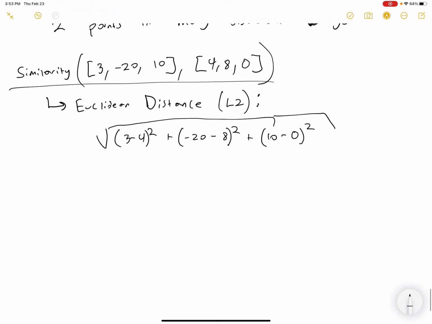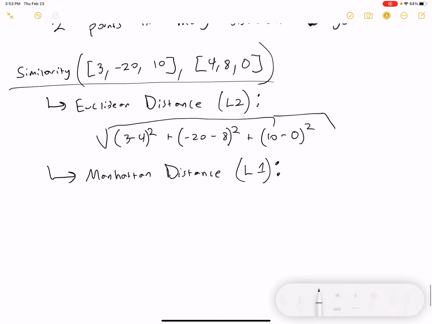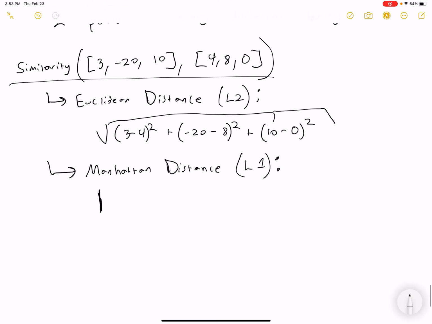There's that, but there's also something called the Manhattan distance, which is also sometimes called the L1 distance, and hopefully you're seeing similarities and convention between naming for L1 regularization, L2. The absolute value between each dimension of the data is summed up, and we don't take the square root at the end.